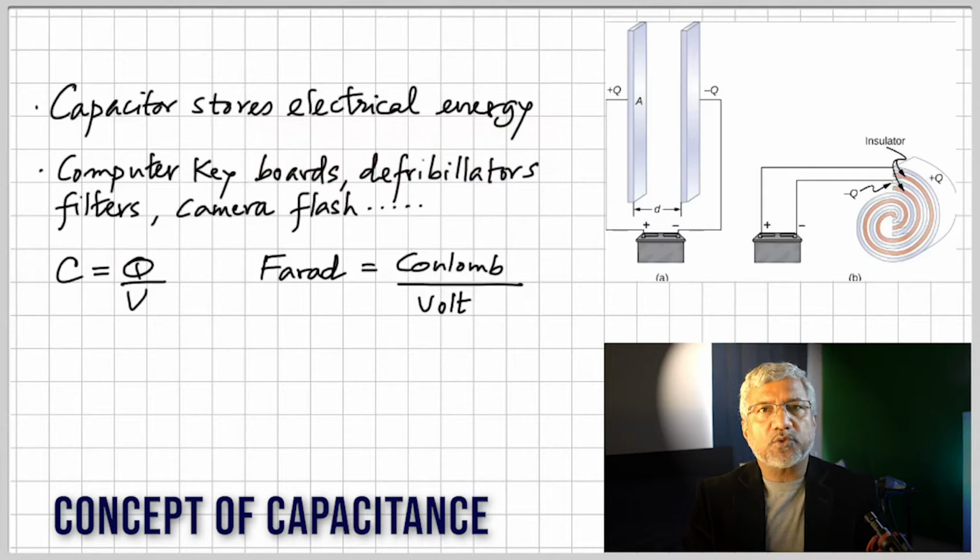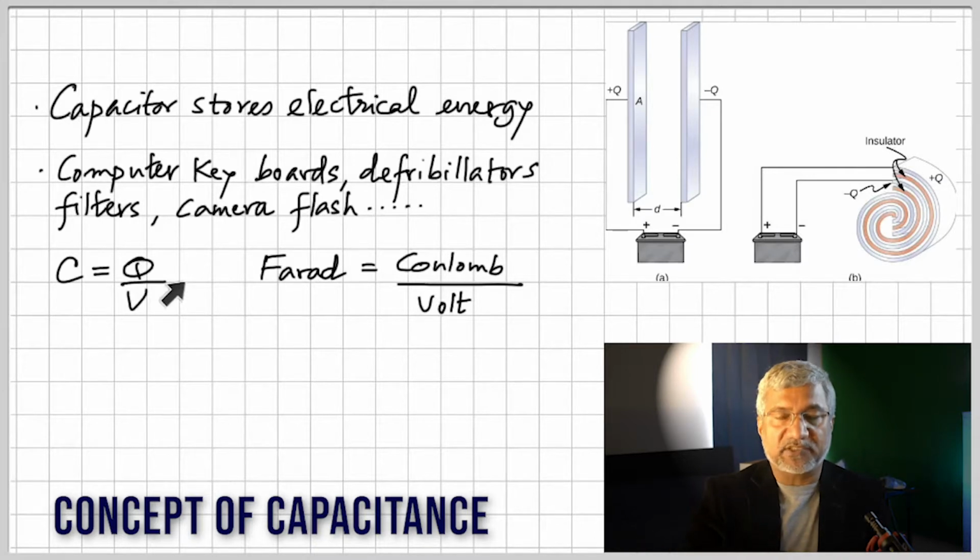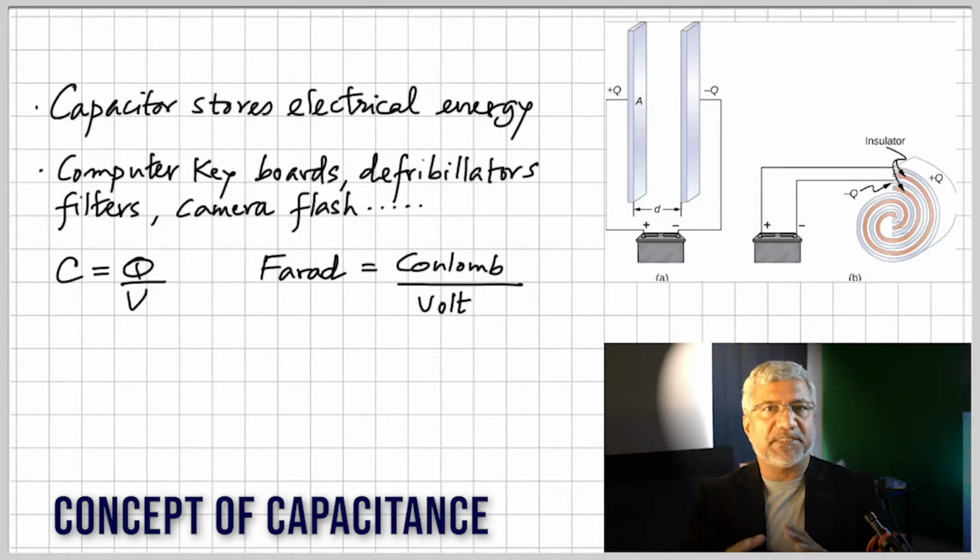This shows that if we could give a bigger charge, Q, and keep the voltage from being big, then the capacitance becomes bigger. That's obvious. If Q is big, yet the voltage is small, then the capacitance is big. We'll see how that is done as we get along.